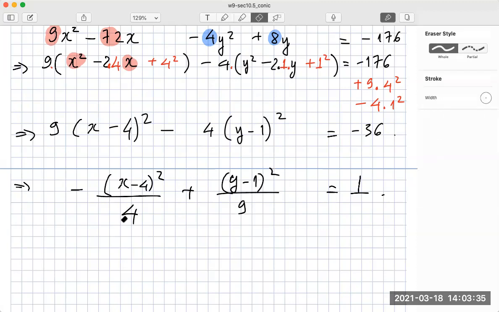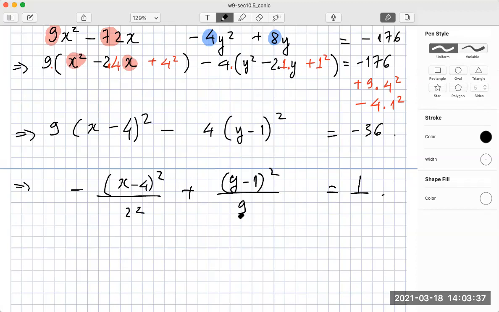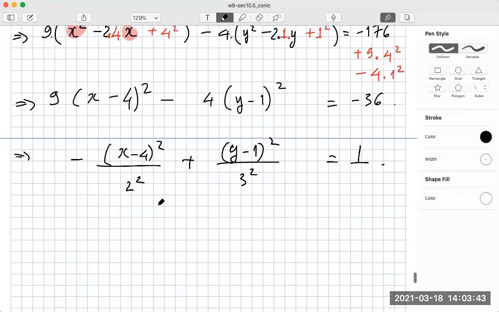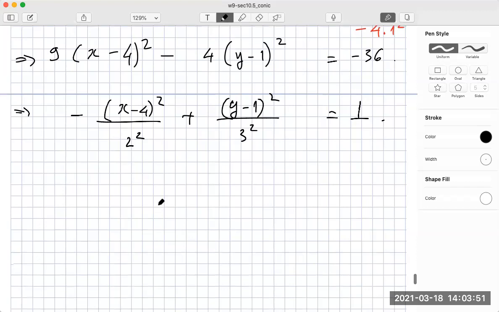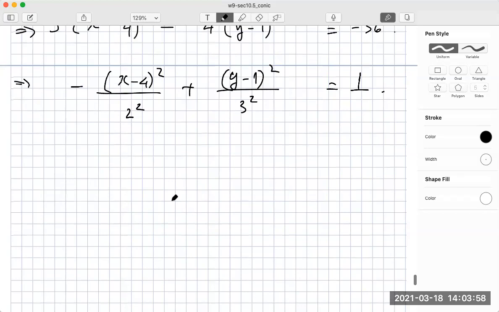And let us write it this way: 2 squared and 3 squared. Okay? Are we good now? Good job. So this is, what is it? Hyperbola. Very good.